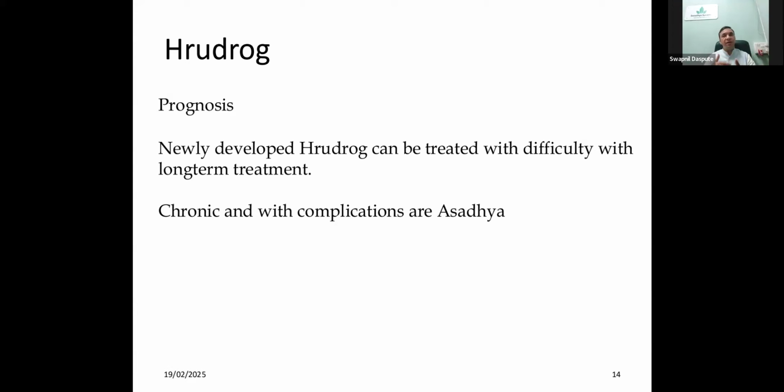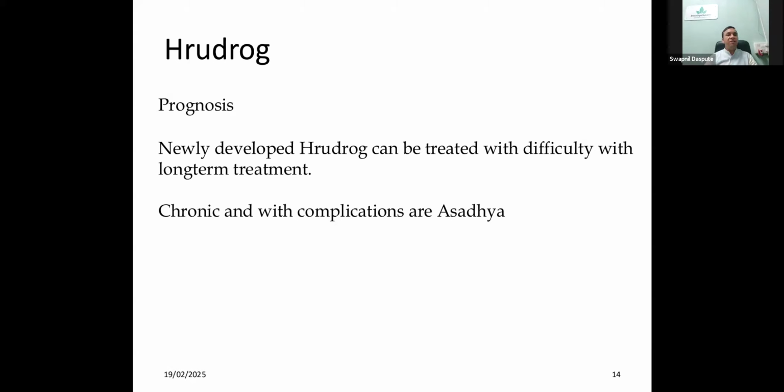It can be treated with medicines, but it will be difficult and may take a bit longer. But newly developed ones can easily be identified, and you can start the medicine-wise treatment.